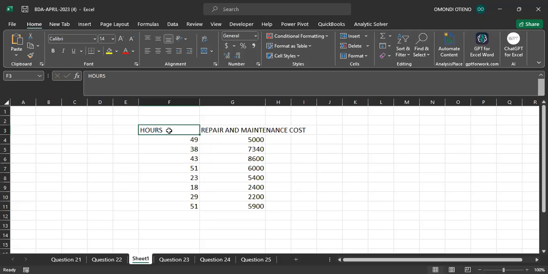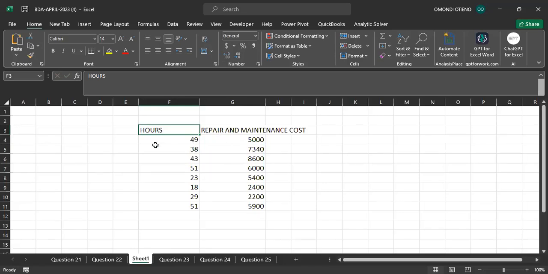So anytime they come to do a repair, of course, they are charging a given amount. So it'll be depending on the hours taken to do the repairs, or number of repairs that are actually done, or number of machine runs, because anytime you're going to run the machine, you need to do some repair and checkup, and therefore that will be used to arrive at the total repair and maintenance cost.